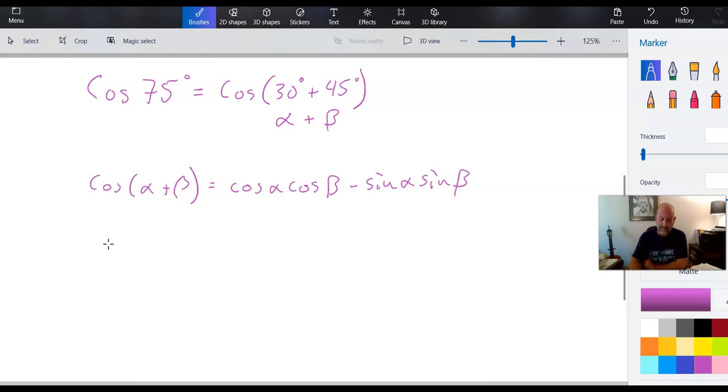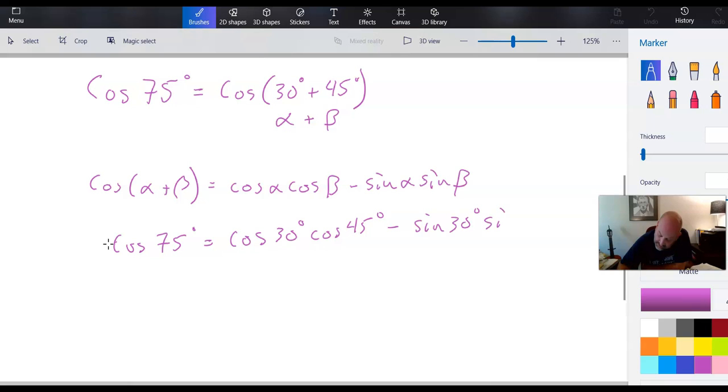Right? So now that we know alpha and beta, it's just a matter of plugging things in. So I can say that cosine 75 is equal to cosine 30 degrees times cosine 45 degrees minus sine of 30 degrees times sine of 45 degrees.